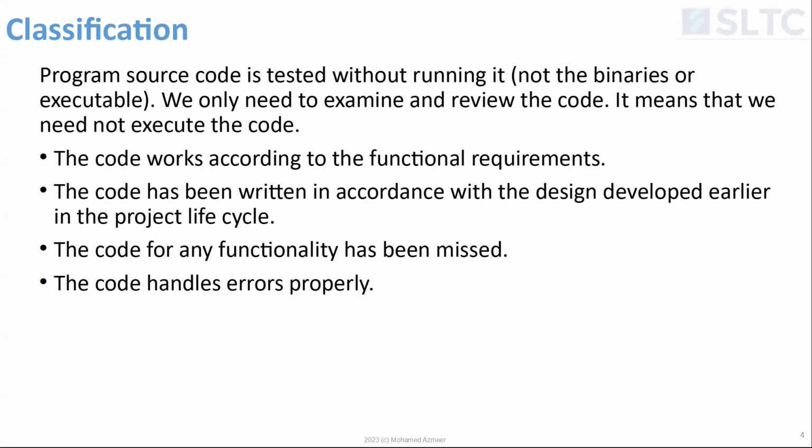So whether the code is written in accordance with the design developed earlier in the project lifecycle. So the company has a certain standard. A project might also have a certain standard. So the reviewer needs to check whether the code given to him or her is in accordance with these standards. And also there may be lots of different functions.